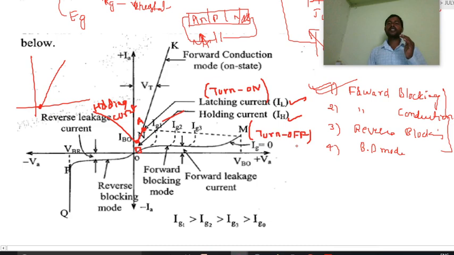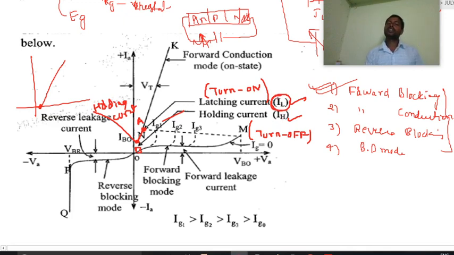Latching current is the minimum current above which the SCR will be turned on. If you maintain the latching current, that is the minimum anode current for which the SCR will be in conduction mode.